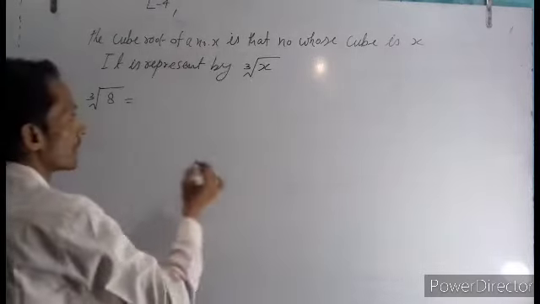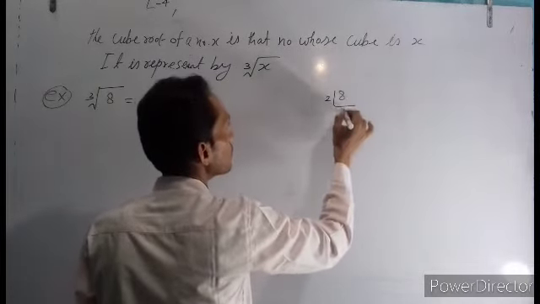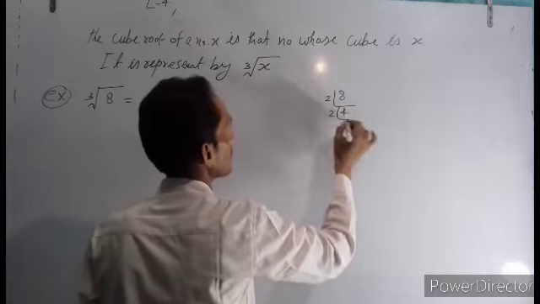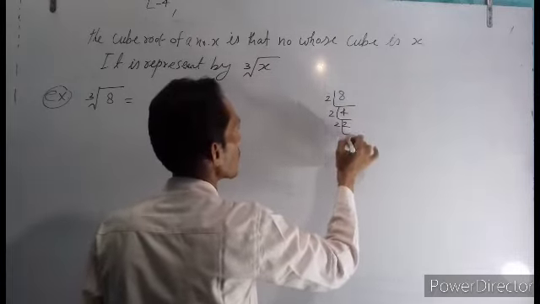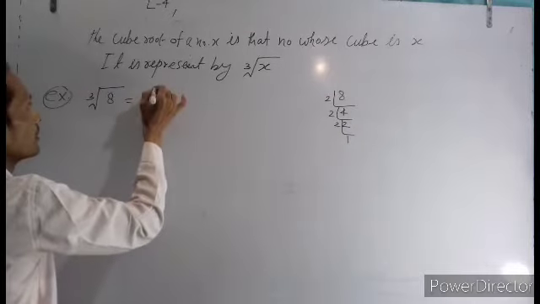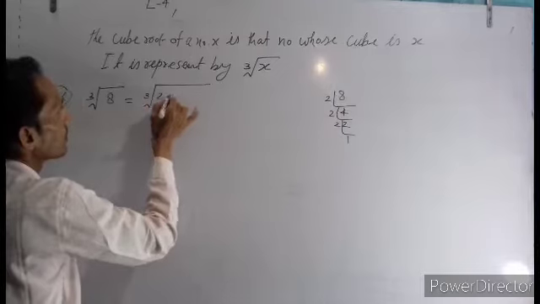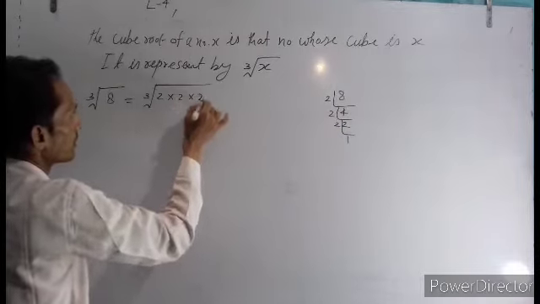You can see that by prime factorization, 2 fours are 8, 2 twos are 4, and 2 ones are 2. So the prime factorization is 2 multiplied by 2 multiplied by 2.